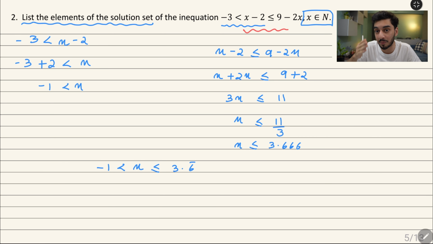Natural numbers are basically the counting numbers which start from 1, 2, 3, 4 and so on. So negative 1 ignore, 0 ignore, 1 could be my answer, 2 is surely my answer, so I'll write 2. 3 can also be my answer because the range over here is up to 3.6. How do I represent it? Just put it in curly braces and write A is equal to, or solution is equal to 1, 2 and 3. These are the elements of the solution set.